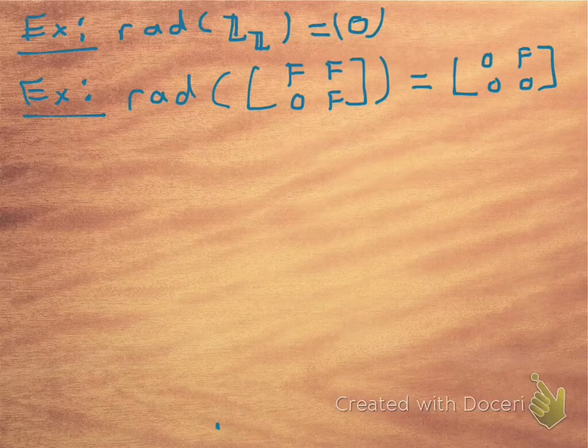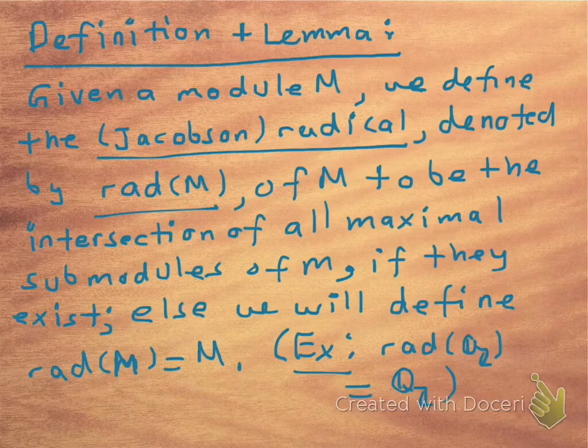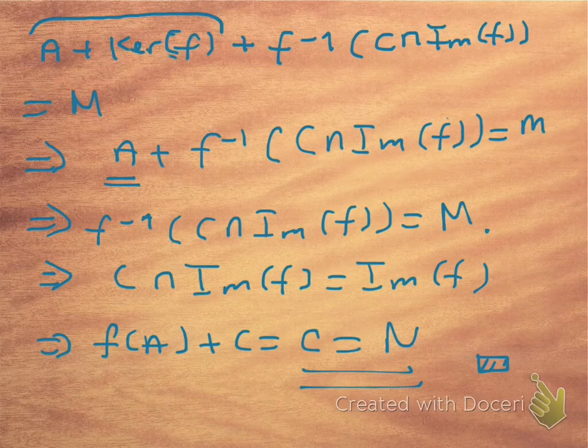So of course we are still continuing. We have only given the definition part of the definition plus lemma, and we are yet to give the lemma part of it. So let's mention that too. The lemma part says that the radical of M is the sum of the small submodules of M. Let's recall what we said a couple of pages ago.